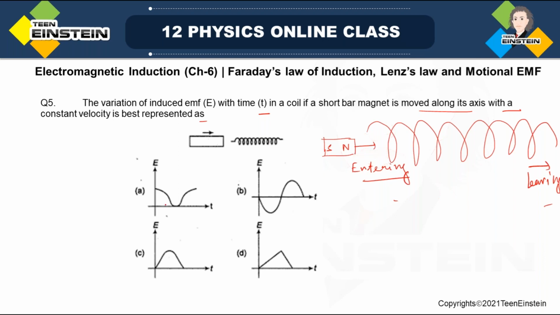Among these four options, there is no negative sign or polarity change in these; they have kept their polarity intact. So only this option has a change in the polarity. Therefore, option B will be the correct answer.